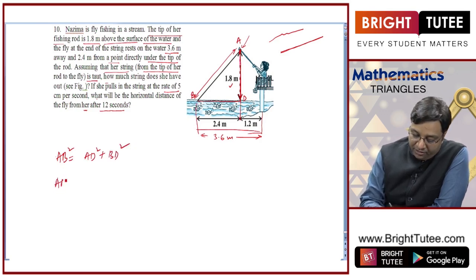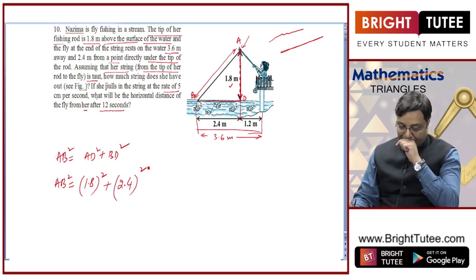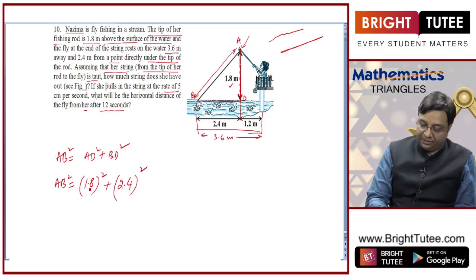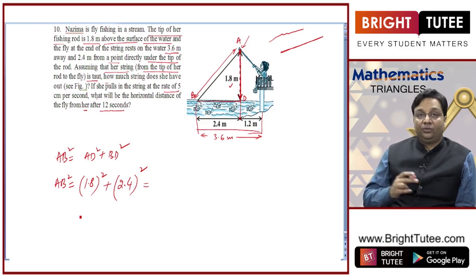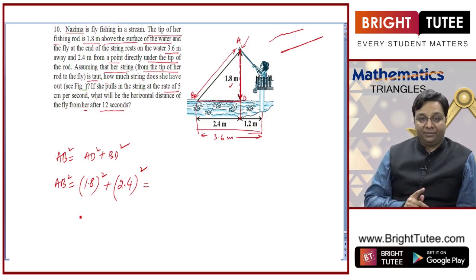So AB square is equal to 1.8 squared plus 2.4 squared, right? To simplify these kind of calculations, I have already suggested that you memorize the squares up to 25.